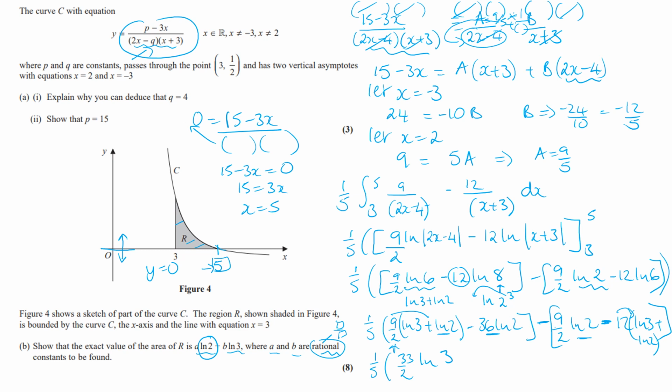If you do all that, that comes out to be minus 48 over 2 the ln of 2. And then just take your fifth in, so it's going to be 33 over 10 the ln of 3 minus 48 over 10 the ln of 2.